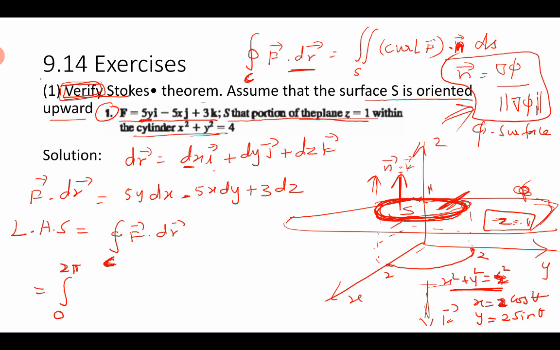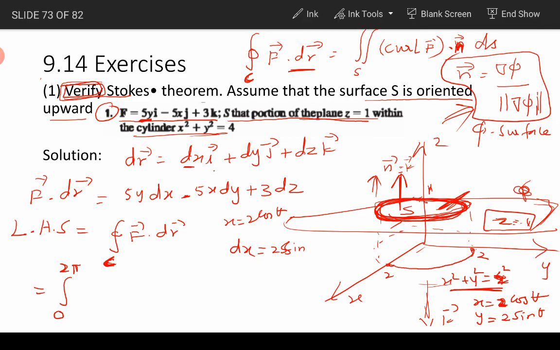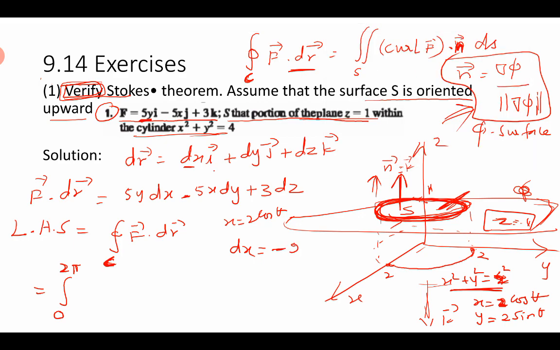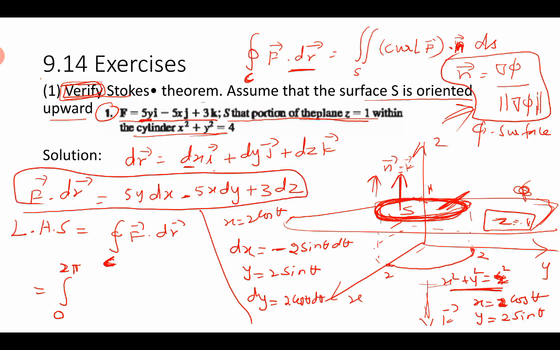Then dx is minus 2 sine theta d theta, and y is 2 sine theta gives dy is 2 cosine theta d theta. Substitute all the values in F dot dr.